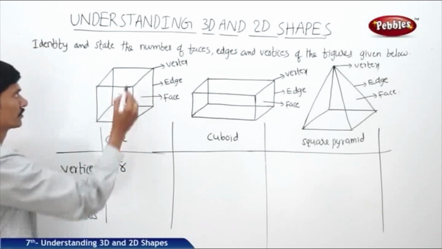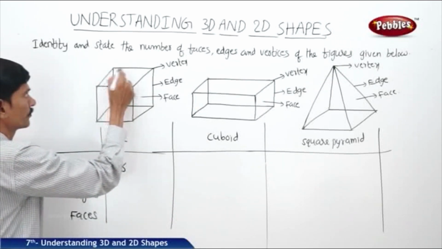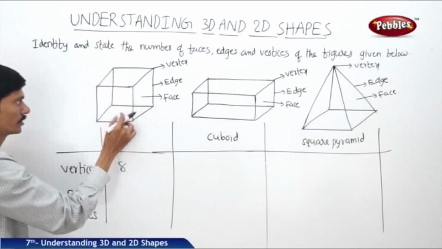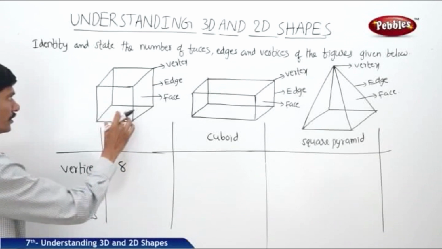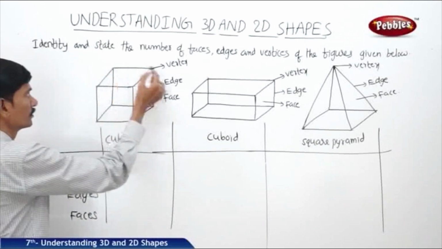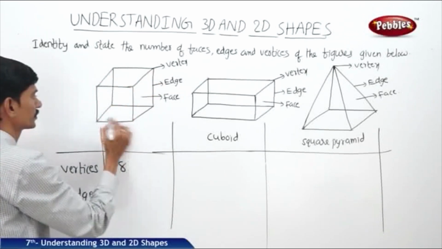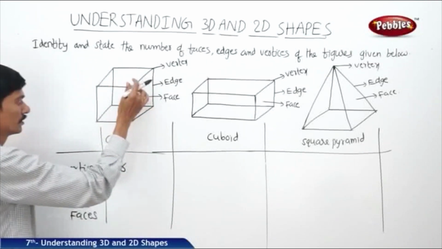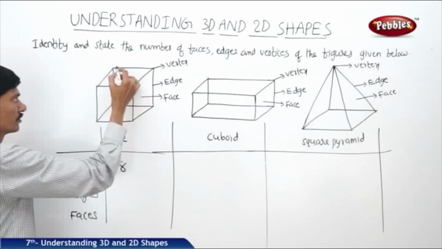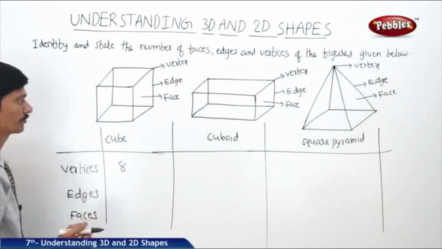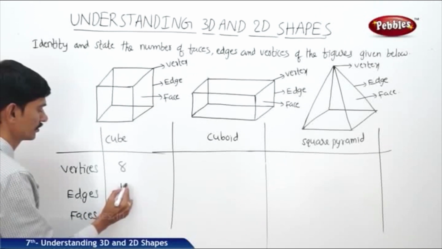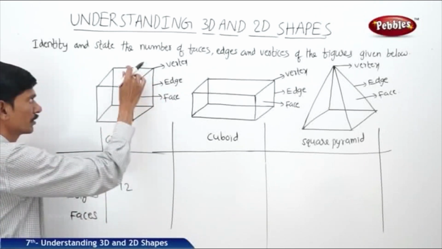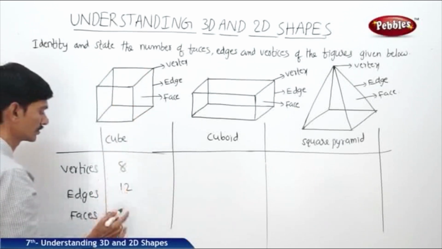Now the edges: in the top 1, 2, 3, 4 and in the bottom also 4, so 4 plus 4, 8, plus 4 by the side, 12 edges. And the faces: 4 lateral faces and the top and bottom, so a total of 6 faces.